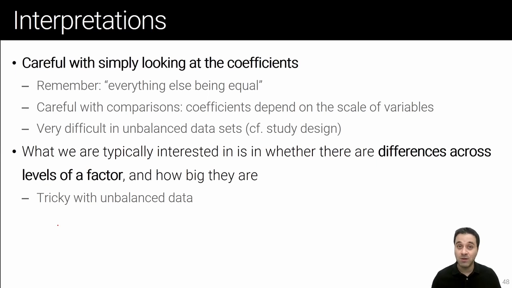In any case, what this is telling us, or is already hinting at, is that we should pay a lot of attention to the study design such that we have, in the end, a balanced data set when we start building a linear model, because making all these inferences about the data is going to be a lot easier if we do have a balanced data set.